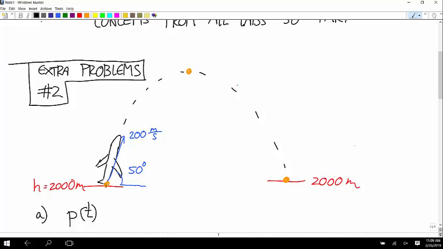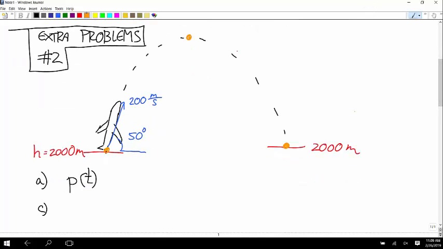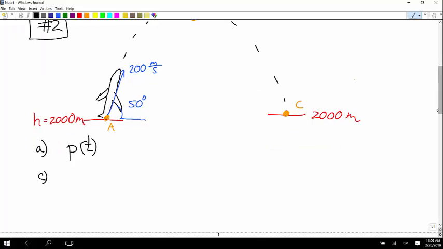And at those points, we want to calculate the velocity vector. So I'll call that point A, B, and C. I guess that's actually part D.